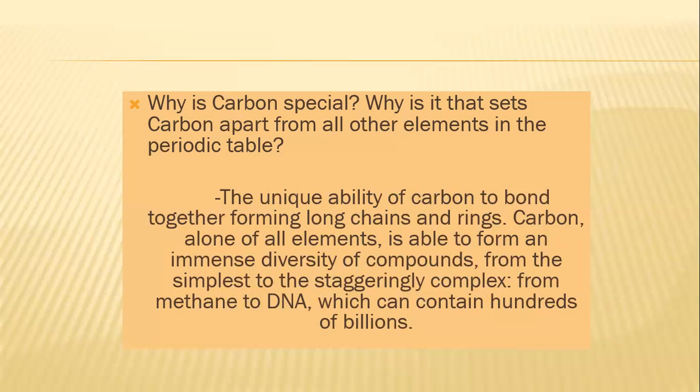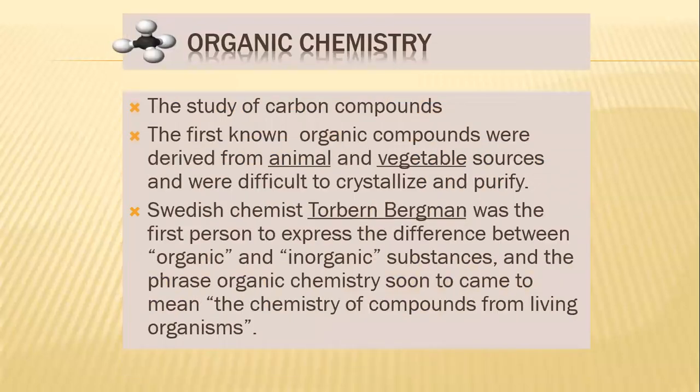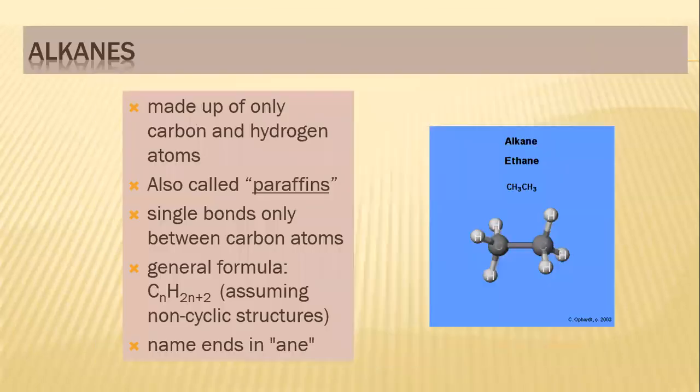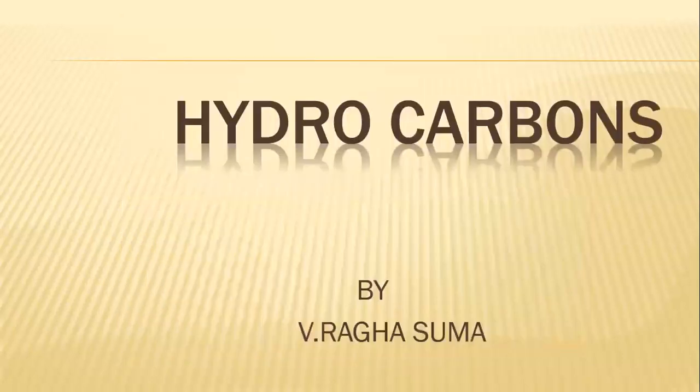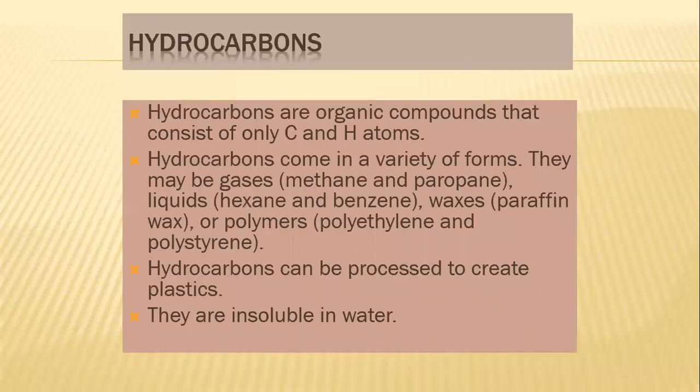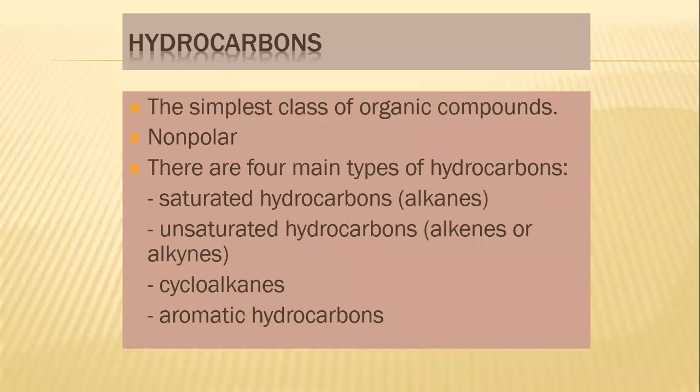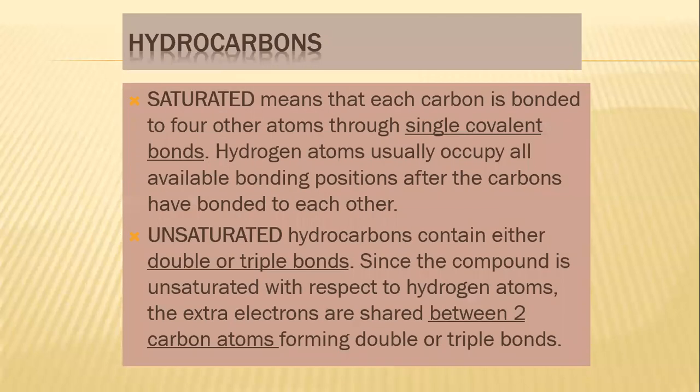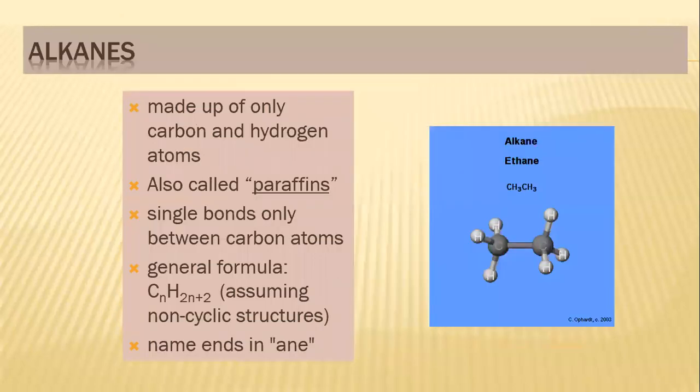So what are hydrocarbons, how are they of different types, and what are the different functional groups? Everything was explained to you. I hope you have understood my class. We have seen the varieties of hydrocarbons: saturated hydrocarbons and unsaturated hydrocarbons.